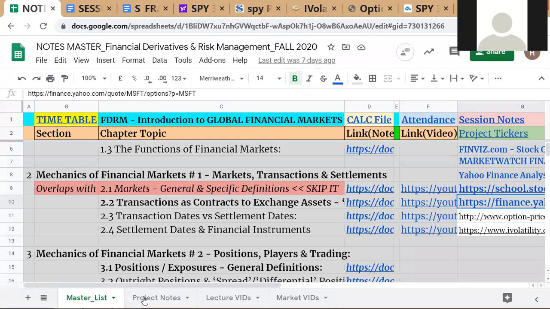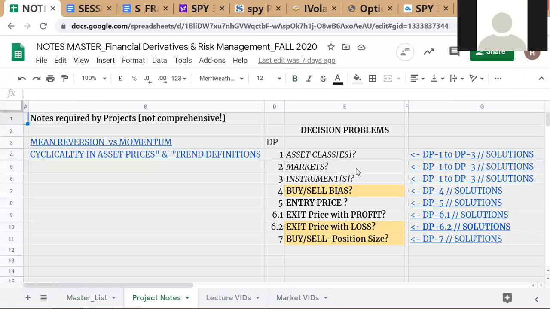What is DP4? Whenever I'm trying to trade in a particular asset, DP4 is, should I buy this thing or should I sell this thing? In this case right now we're looking at option trading, so options are my asset. So therefore my question is DP4, what should be my buy-sell bias?